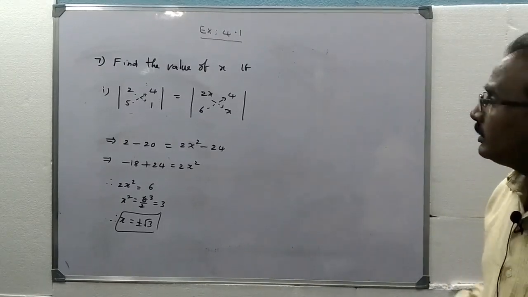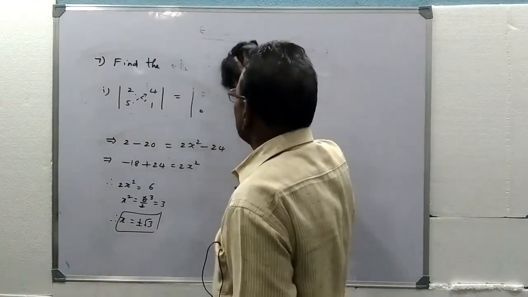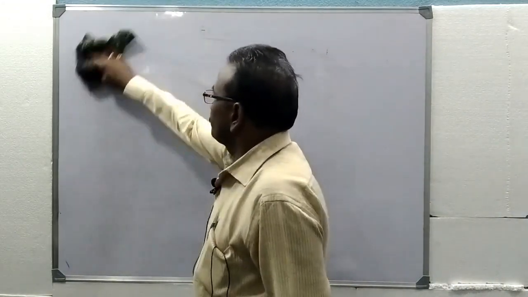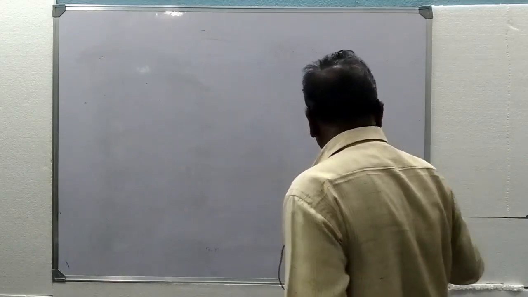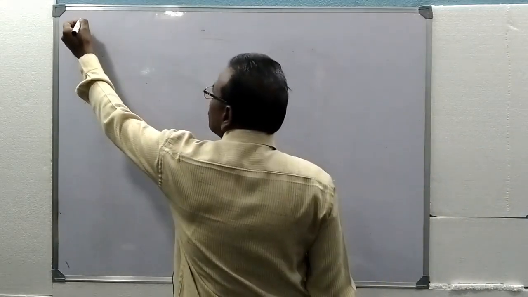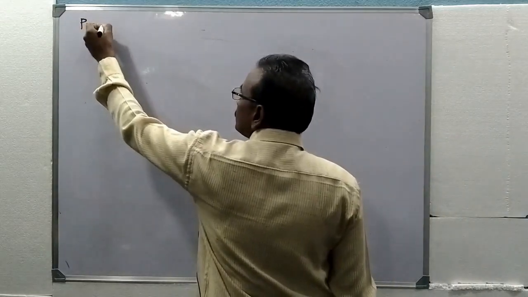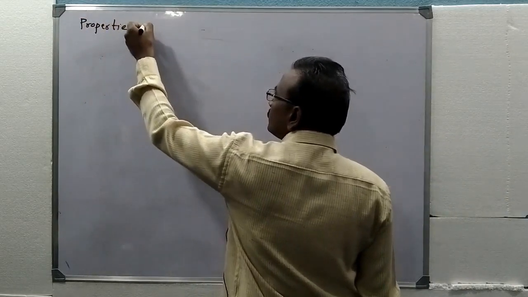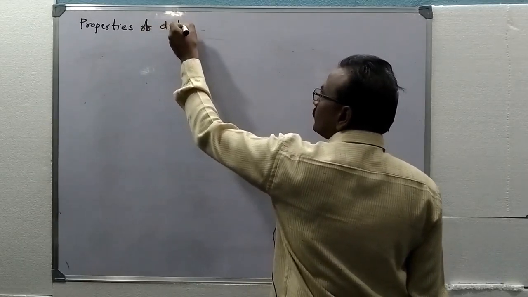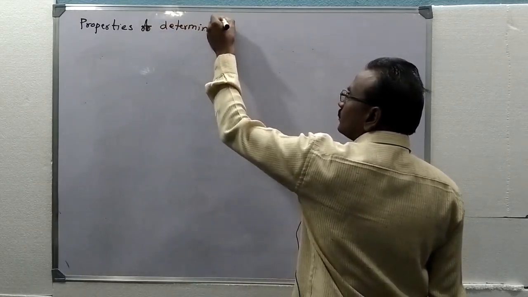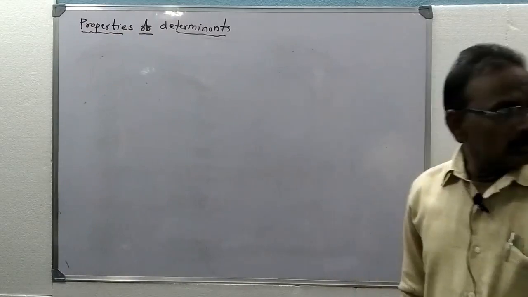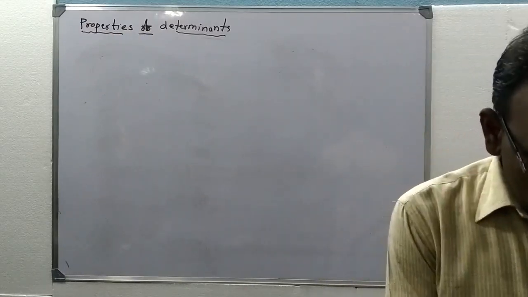Next, properties of determinants. There are 6 properties.